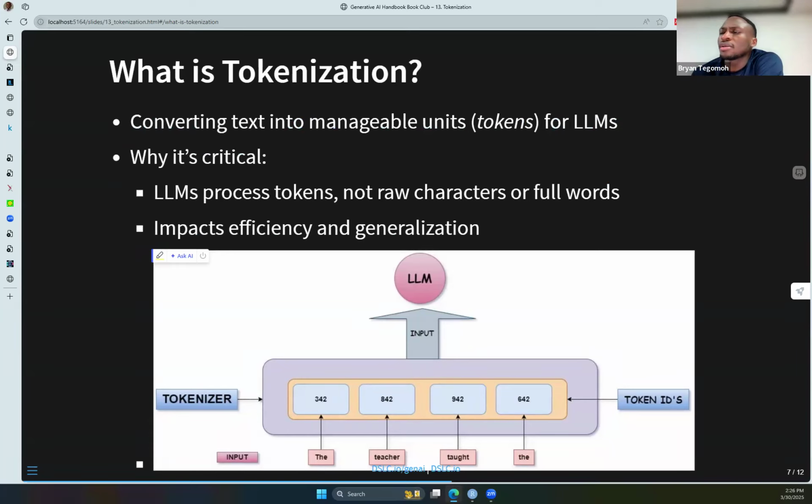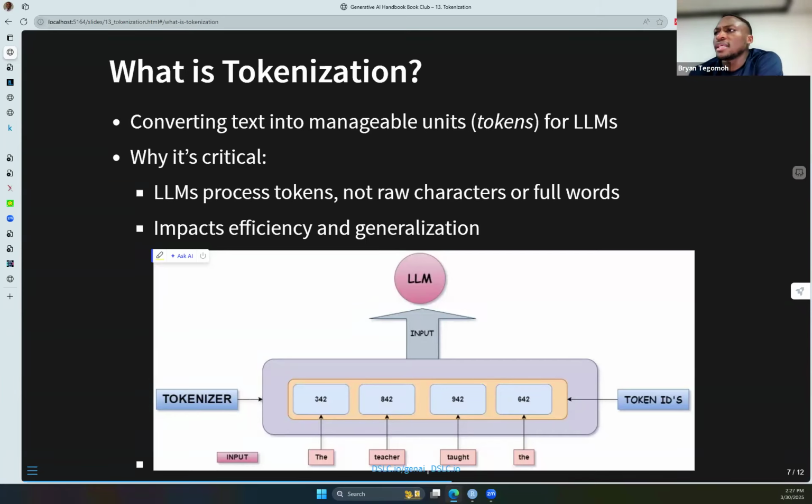The whole concept of tokenization, in the simplest terms, is chopping sentences into tiny bits, almost like using a knife to chop the text into very small units called tokens, which can be converted into numbers.